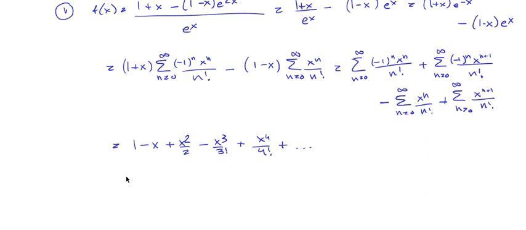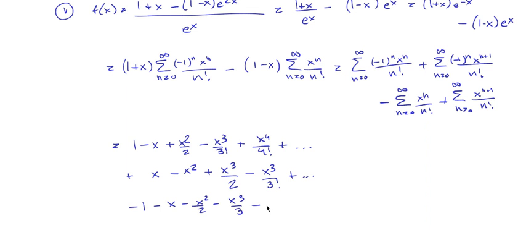Then we have this sum, which is plus, and we have, let's see, x minus x squared plus x cubed over 2 minus x to the 4th over 3 factorial plus and so on. This is the typical minus 1 minus x plus x squared over 2 minus x cubed over 3 factorial plus x to the 4th over 4 factorial, and so on.